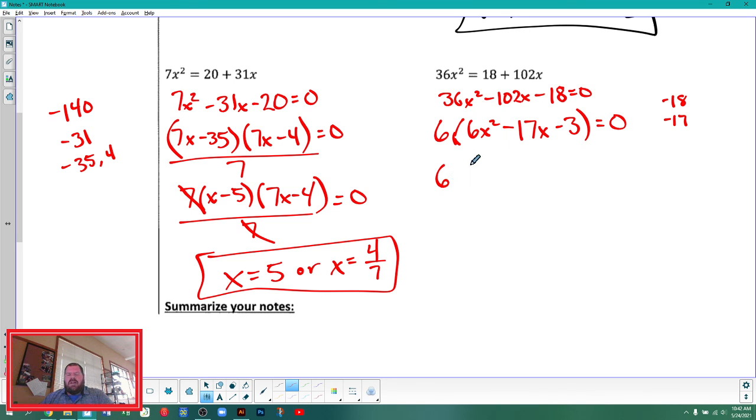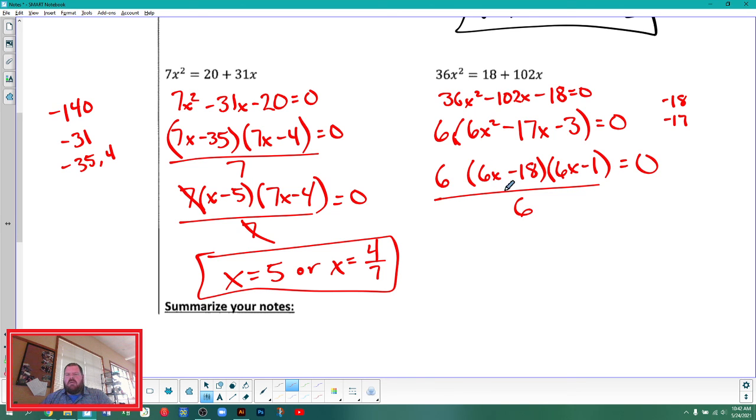So I got that 6 out there. And then 6x minus 18, 6x plus 1, and that's off by a factor of 6. Now, some people always ask, well, can I cancel out those 6's now? You can, yeah.